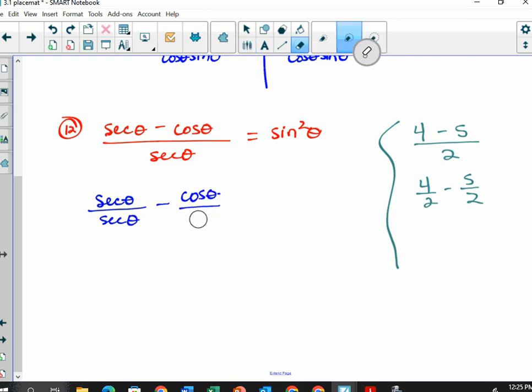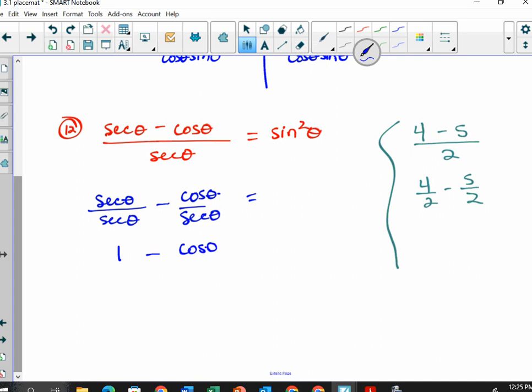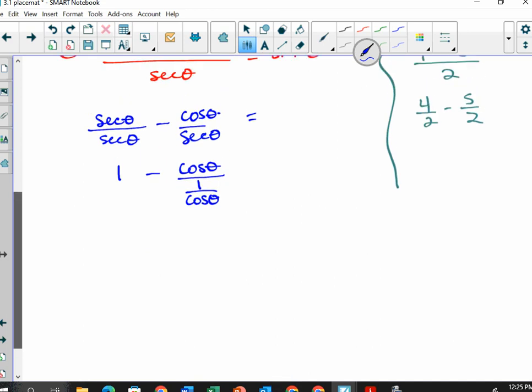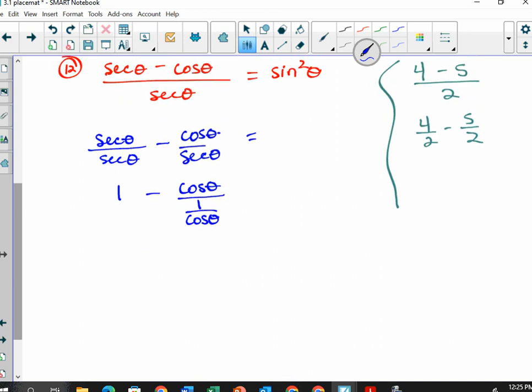That's not supposed to say sign. So that would be 1. Okay, so everybody see this one becomes 1. Secant is 1 over cosine, right? What do I do with that when it's a fraction and a fraction?